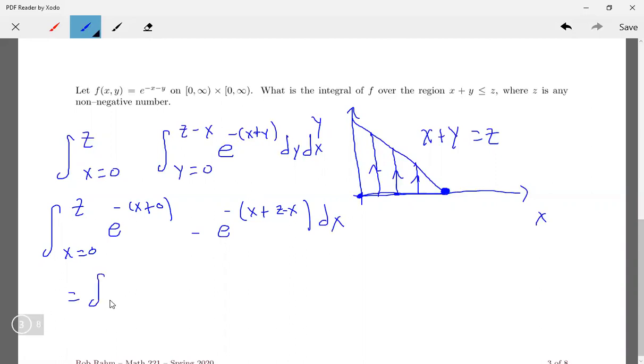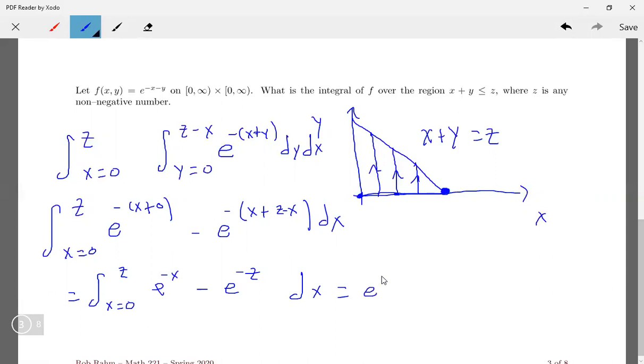This is the integral, let me just write this a little bit. x equals 0 to z, e to the minus x minus e to the minus z, dx. Okay, e to the minus x, the antiderivative of this is minus e to the minus x.